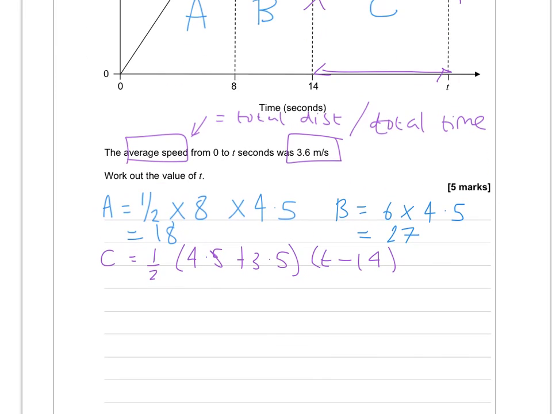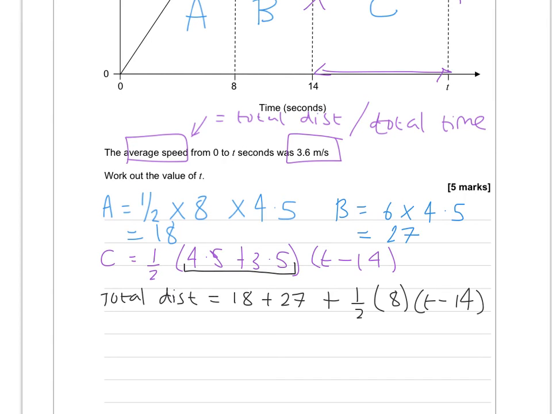Now, if we add those three values together, the total distance travelled is 18 plus 27 plus a half times 4.5 plus 3.5, which is 8, times t take away 14.